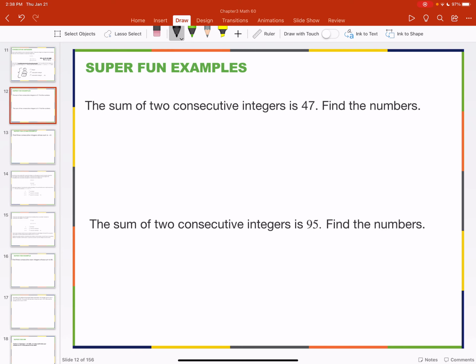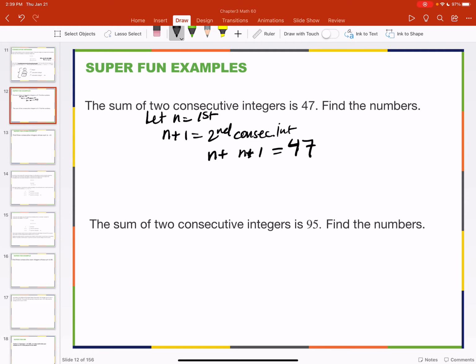The sum of two consecutive integers is 47. If we let n be the first one, then the next one is just going to be n plus 1, the second consecutive integer. The sum of these two, n plus n plus 1, is going to equal 47.